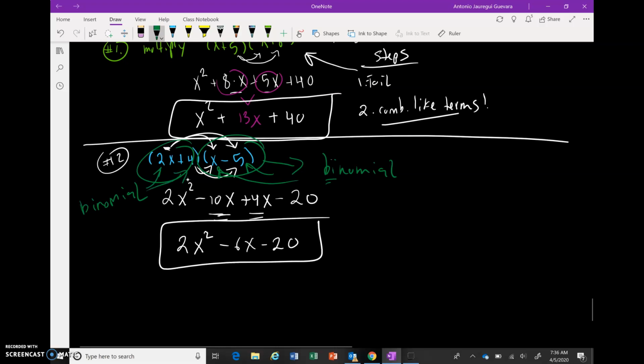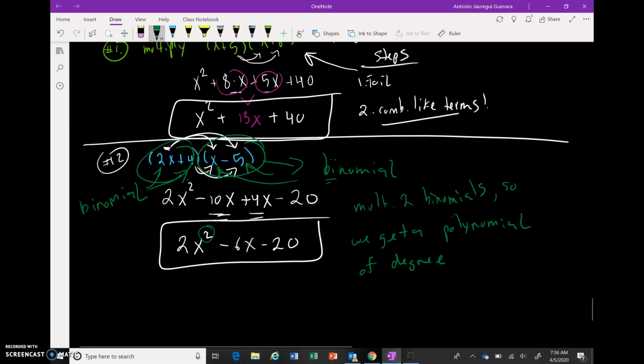So we're multiplying two binomials, and we get a polynomial of degree, what's the highest degree here, guys? 2, right?